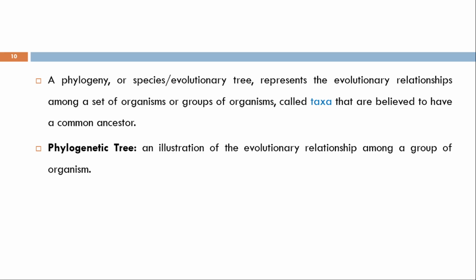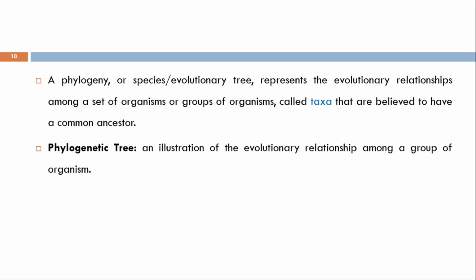And the groups of organisms whose ancestors are common are simply called taxa. We will let you know while dealing with the terminologies of the phylogenetic tree, and then you will better understand taxa.